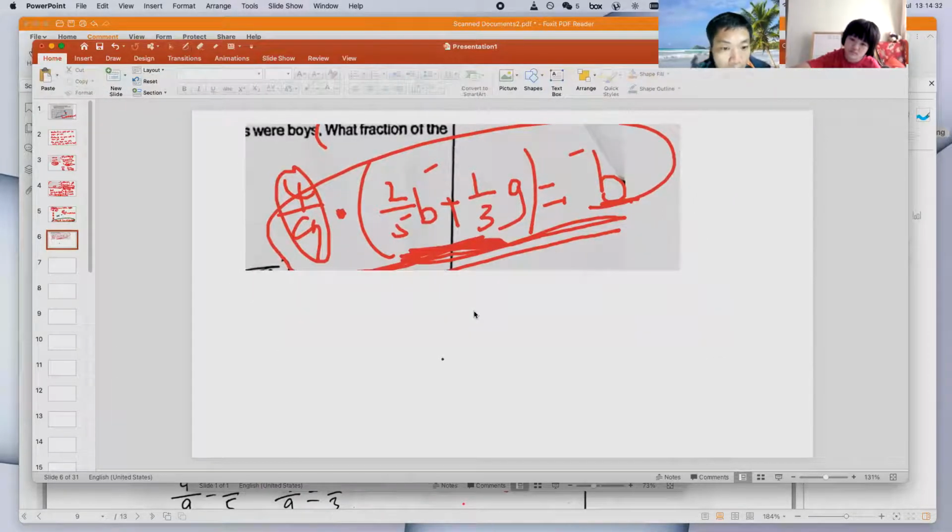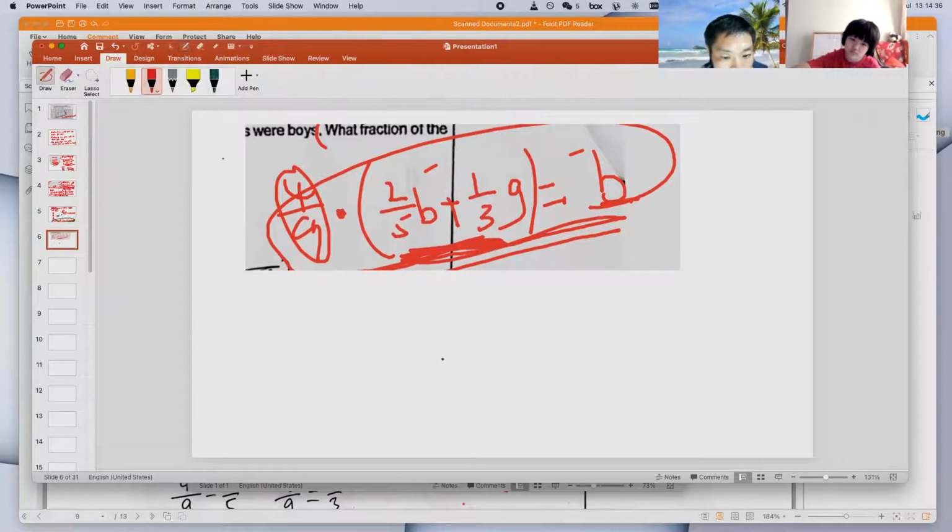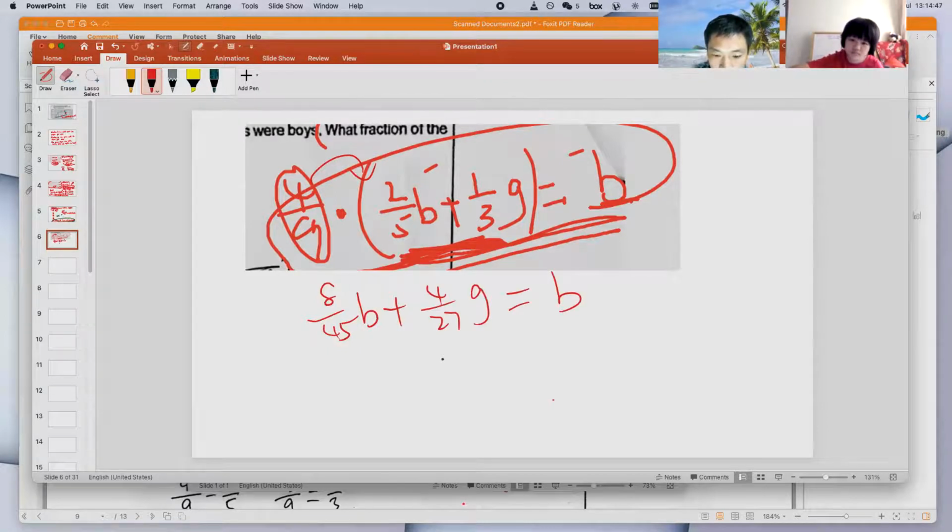So, wow, this one looks a bit complicated. So open the bracket, I get 8/45 B plus 4/27 G equals to boy.